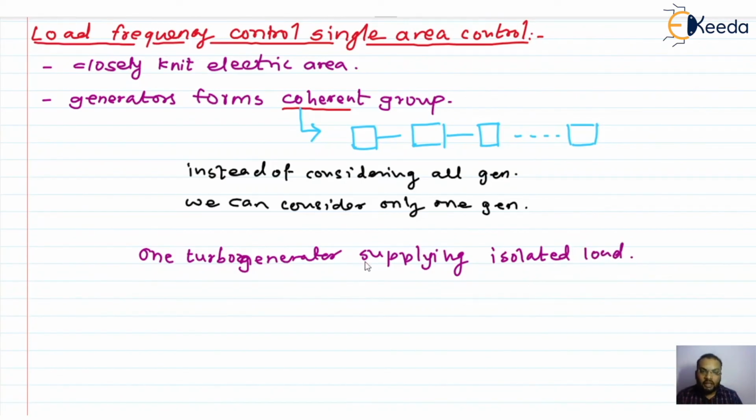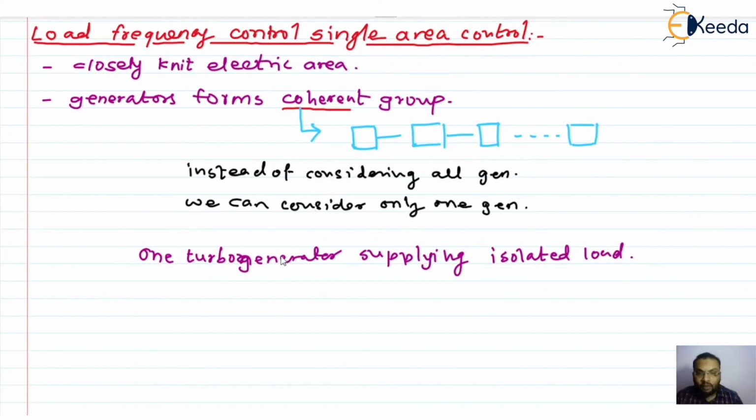We will analyze how we can maintain the frequency constant for this system, and whatever understanding we get, we will apply to the rest of the generators. This is how we can control the load frequency in a single area.